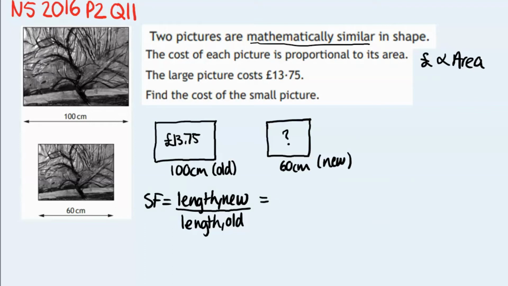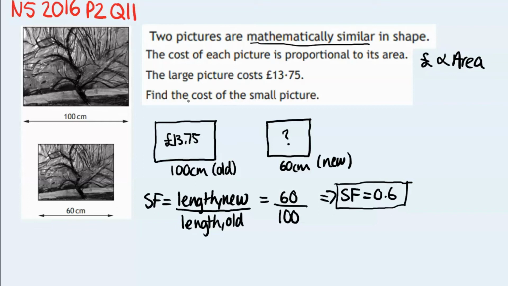So let's keep going. What we do is just substitute the numbers in. So the length of the new shape, 60 centimetres, and then the length of the old shape is 100 centimetres. So what that gives you is a scale factor of 0.6, okay? So we've got a couple of marks there already by finding the scale factor, okay? Now the whole purpose of this topic is to be able to use the scale factor to find other information, okay?